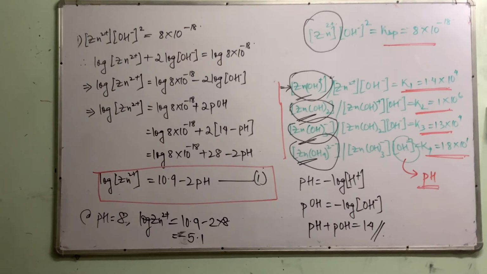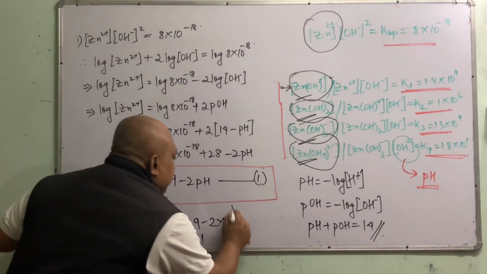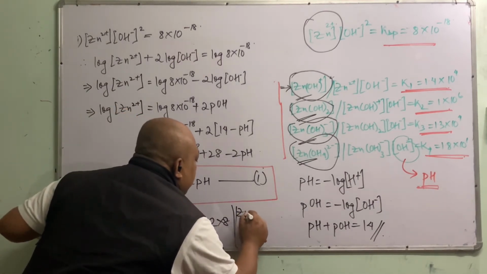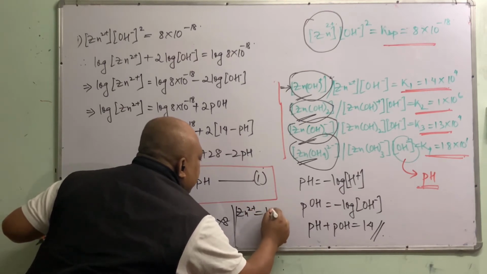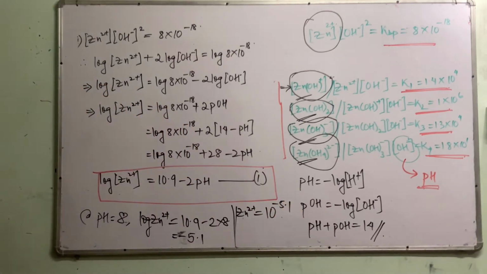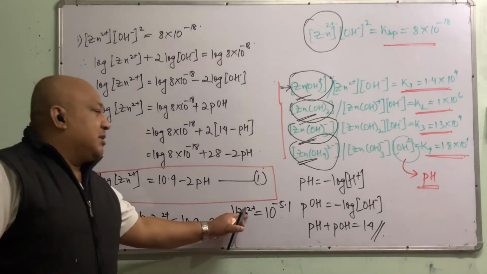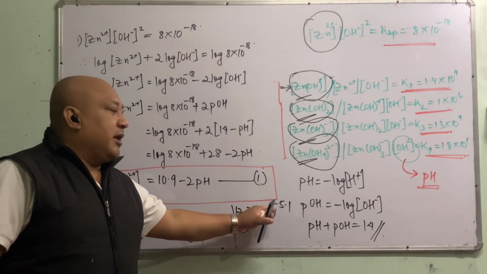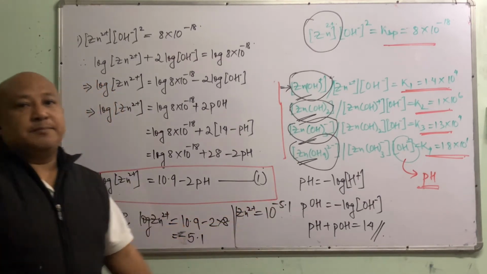Correct? So that means zinc will be 10 to the power minus 5.1. Is it okay? So from this, what we know is at pH 8, the Zn2+ concentration will be 10 to the power minus 5.1.